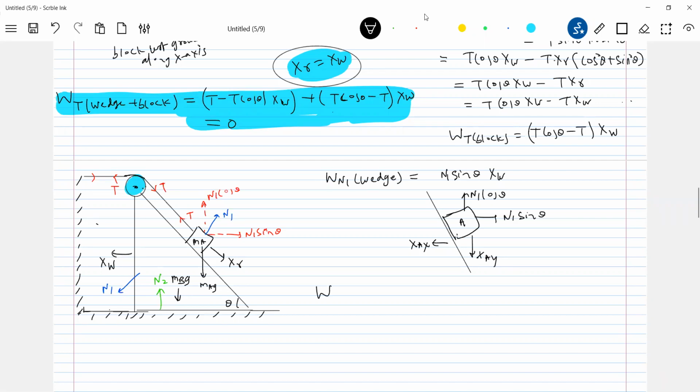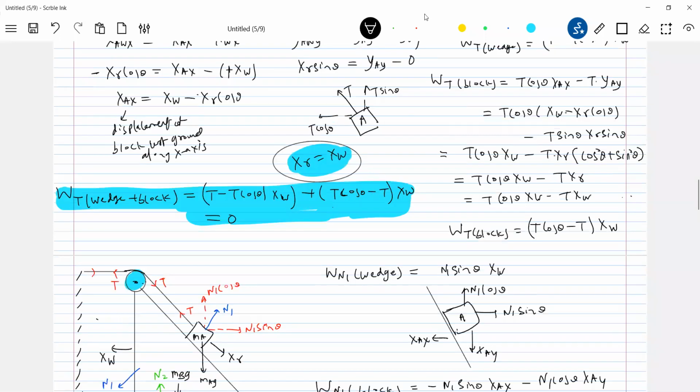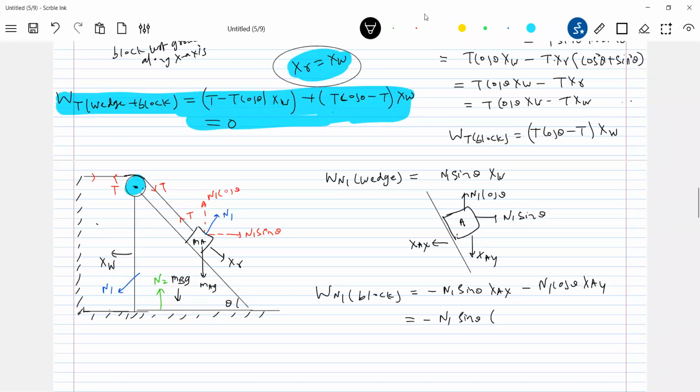So work done by the normal contact on the block: minus of N1 sine theta XAX. Work done by N1 cos theta. Why negative sign? The force N1 sine theta is acting opposite to displacement of block A with respect to ground along x-axis. Keep it here. What is XAX? XAX we have brought it, no? XW minus XR cos theta.